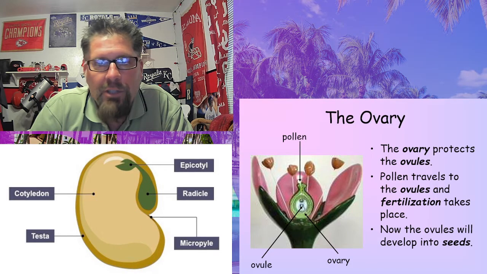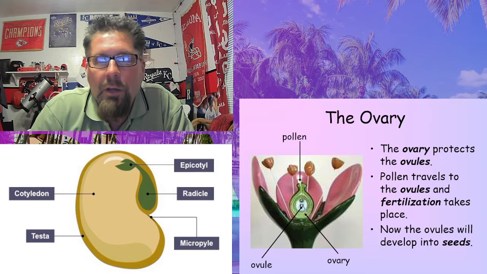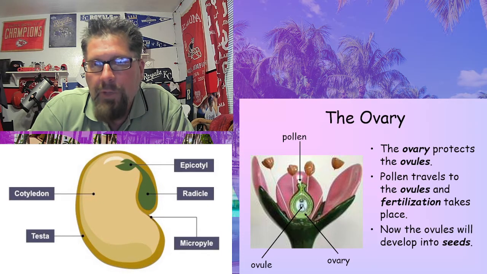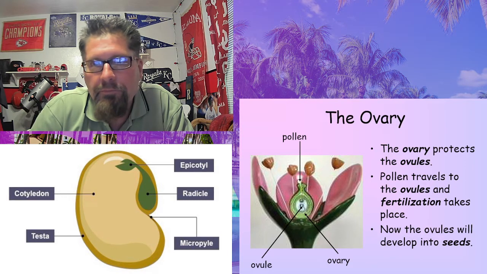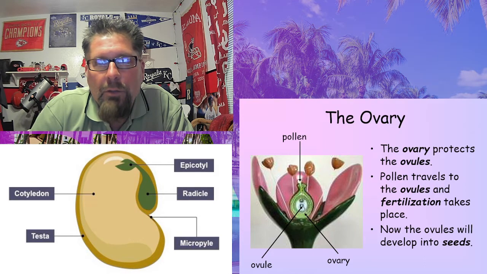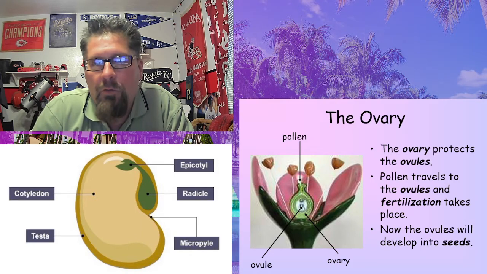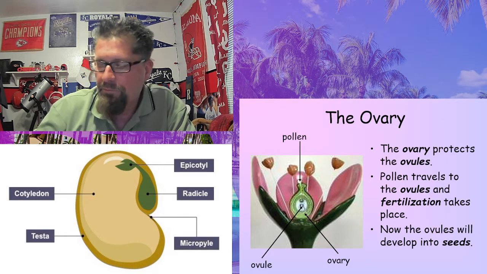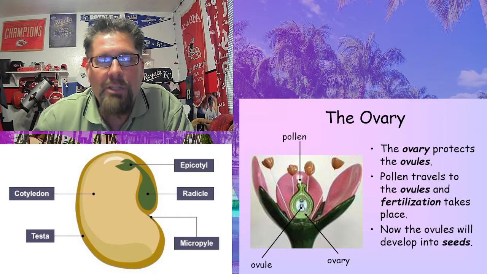And the testa is kind of a hard coating to protect all that. But eventually, if you look at a peanut, all that you see is the cotyledon, and then of course if you get a jar of peanuts, you don't see the plant part on there. That's been removed, but the cotyledon is that big meaty section of a seed.